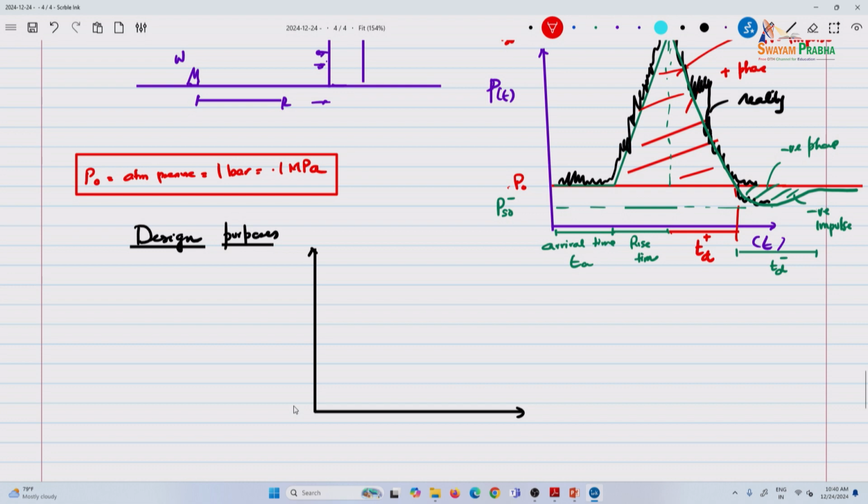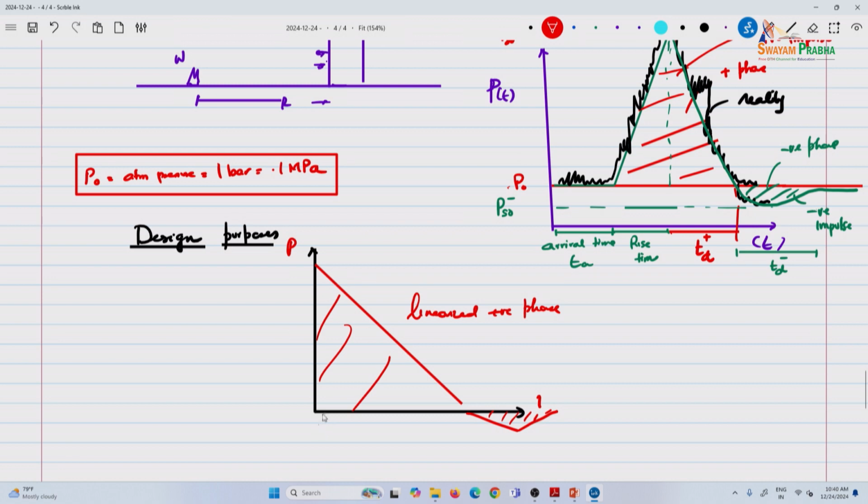The structure is subjected to atmospheric pressure anyway, so if we discount it, then let us say this is P versus T. You are basically looking at linearizing the positive phase. So, this is the linearized positive phase, and the negative phase is also linearized in this manner.